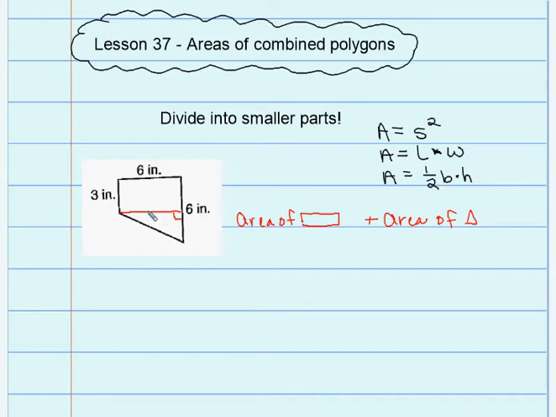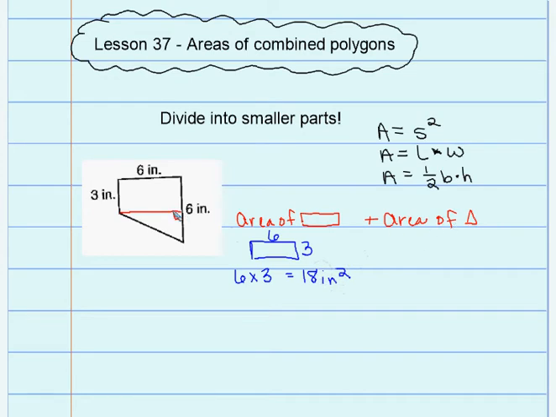So the rectangle would be 6 by 3, and using my formula I would take 6 times 3, and that would be 18. The label is inches, so it's inches squared.